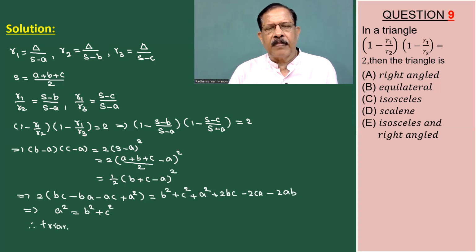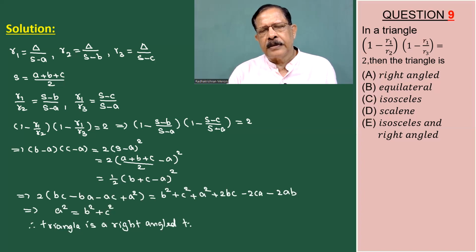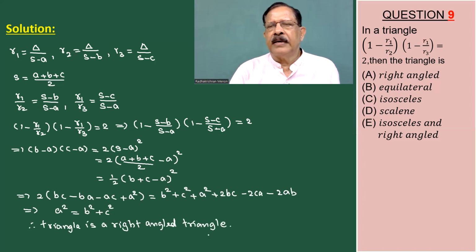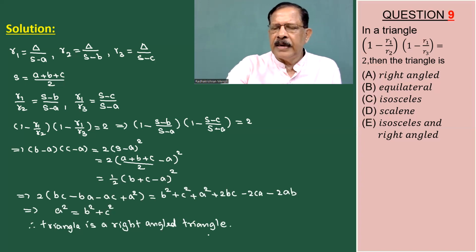The triangle is a right angled triangle with A as the hypotenuse. You are being asked to find out what type of triangle it is. So it is a right angled triangle, that is appearing as option A.